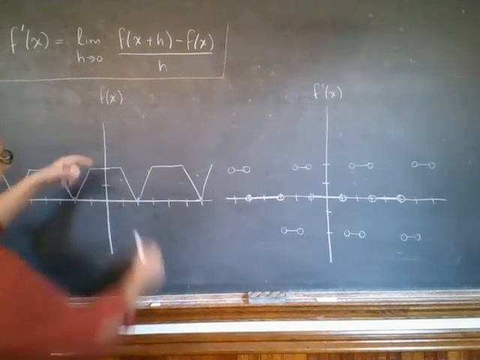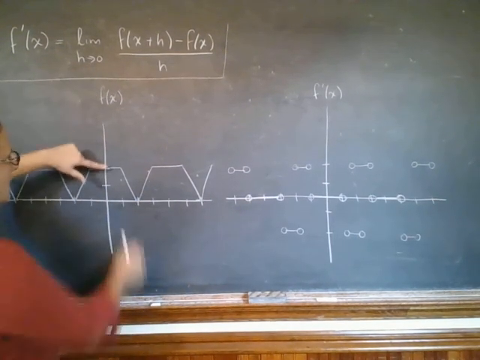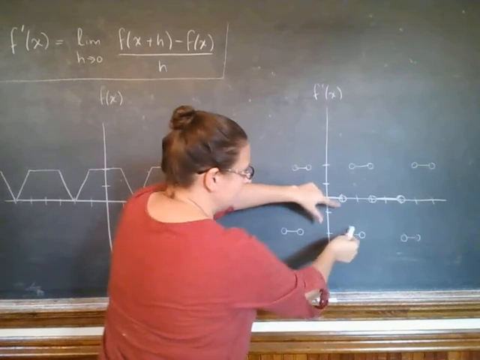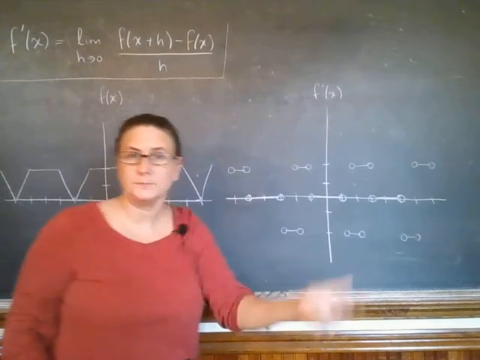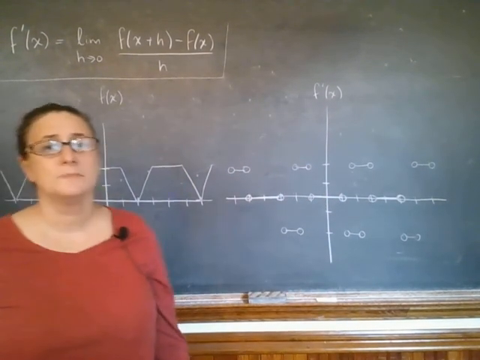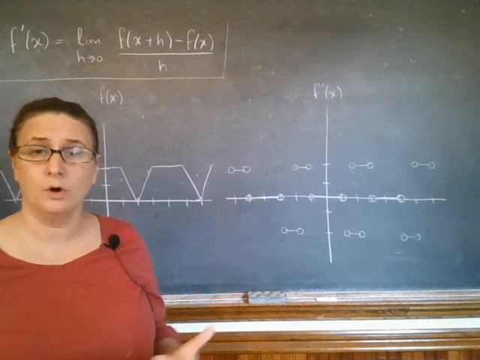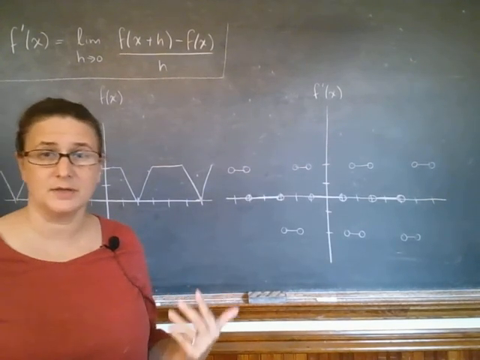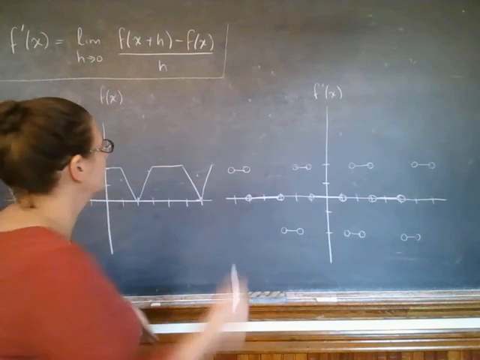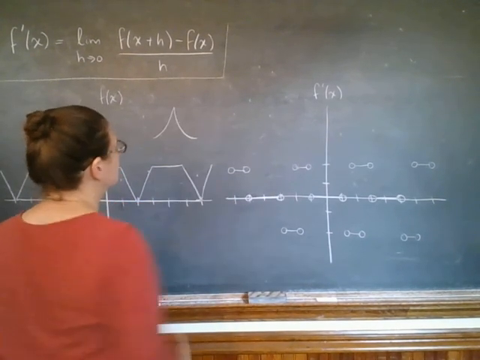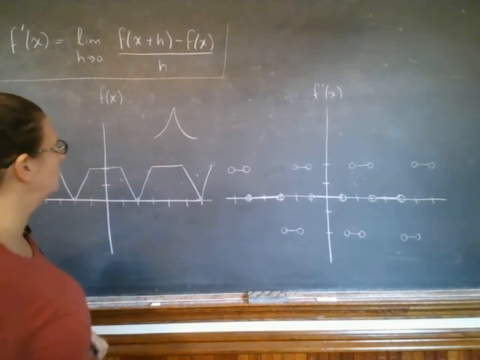So obviously, this is a one-sided limit, but that limit isn't going to exist over here. Okay? So graphically, we can see that whenever there's a corner or a cusp, something like that, and it could be something like this, it doesn't have to be a corner like that.